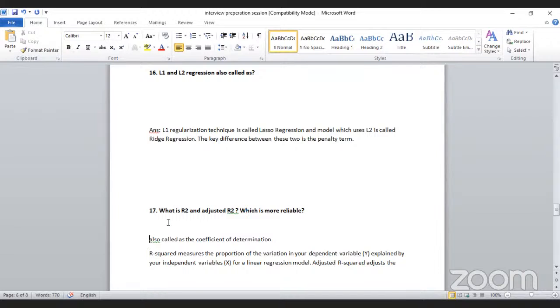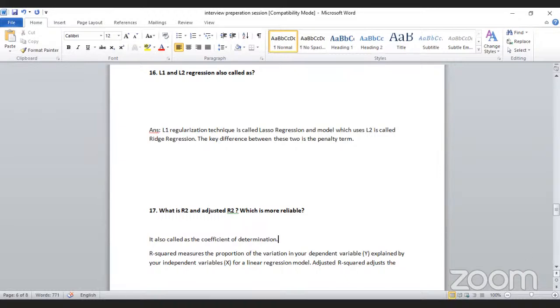It is also called the coefficient of determination, and R square measures the proportion of the variation in your dependent variable explained by your independent variables for a linear regression model.